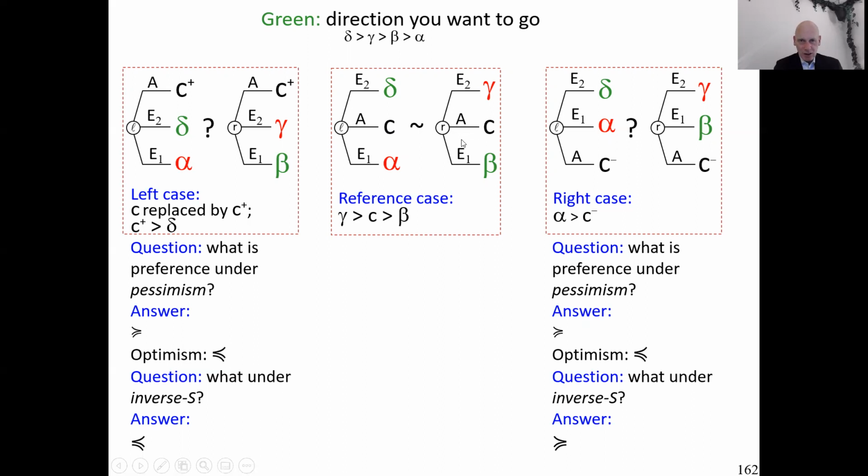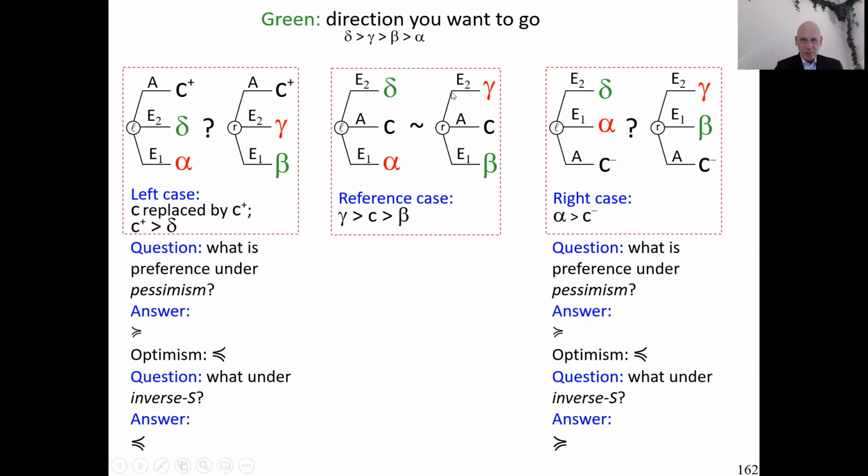Here it is the middle event. It's ranked middle. It has the common outcome. It is a neutral argument. It's neither argument for going left nor for going right. In the left case, the rank of that event has changed, but it continues to be a neutral argument. No reason for going left or right. So it works the same way for preference, and it can neither suggest to us that preference would change.